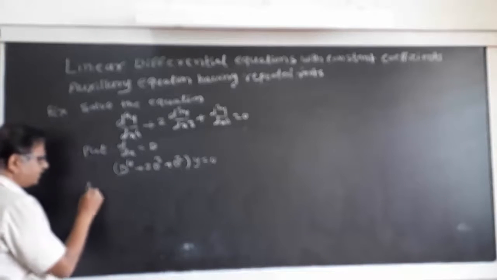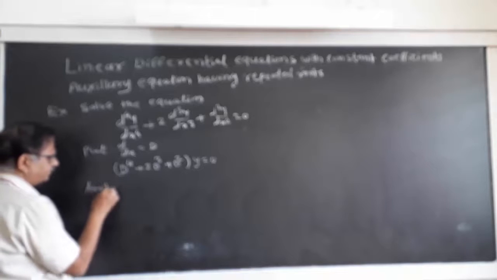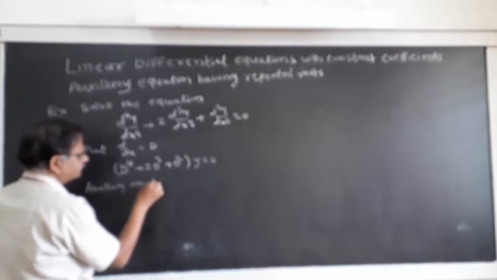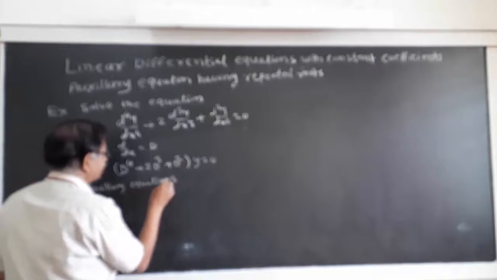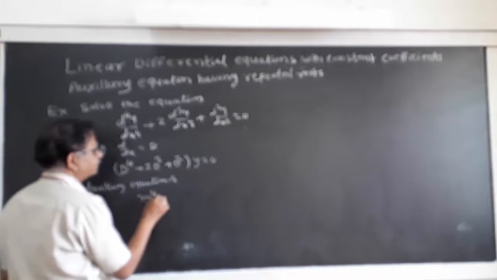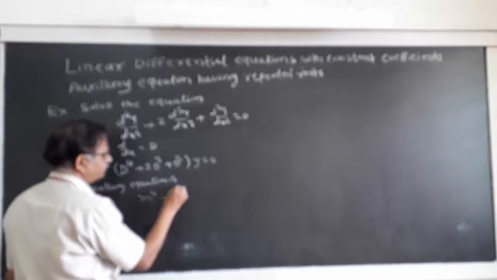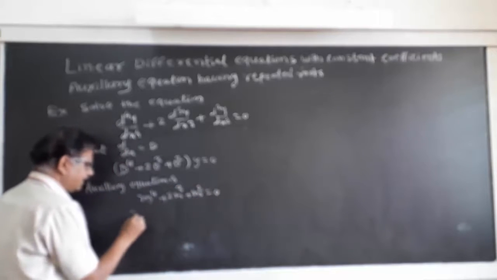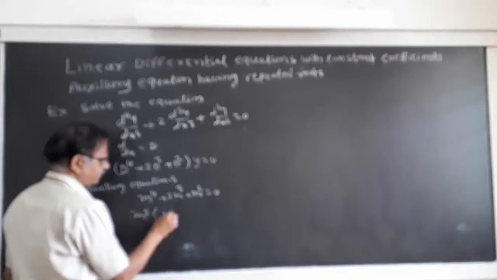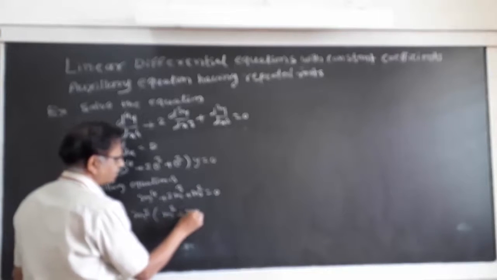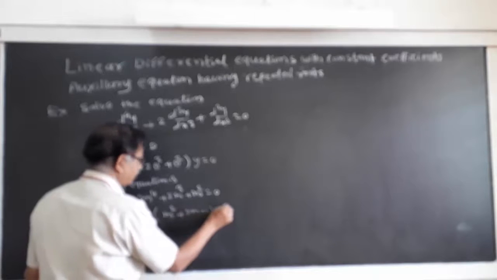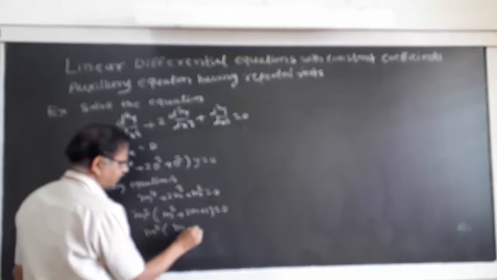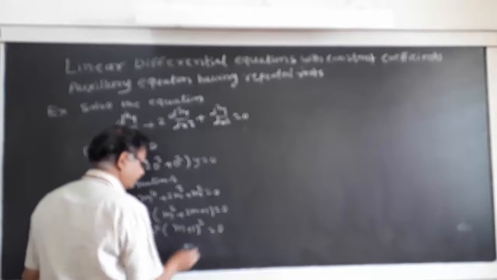And its auxiliary equation is m raised to 4 plus 2m cube plus m square equal to 0. Taking m square common, we get m square into (m square plus 2m plus 1) equal to 0, that is, m square into (m plus 1) whole square equal to 0.